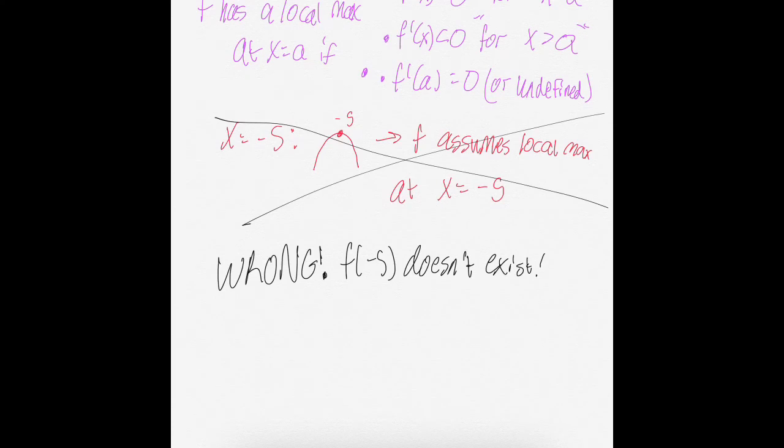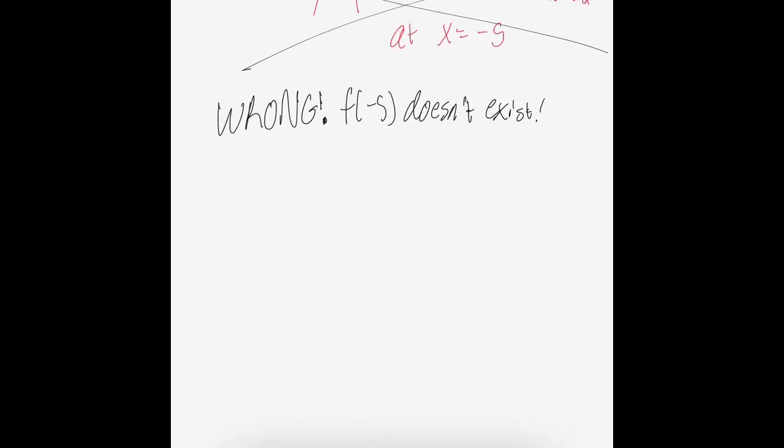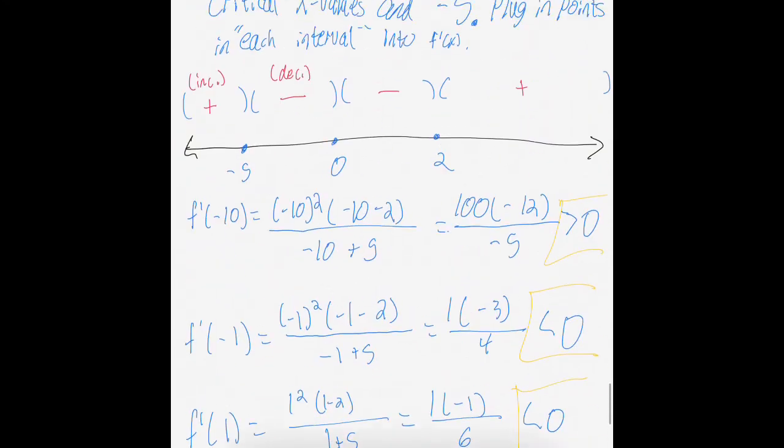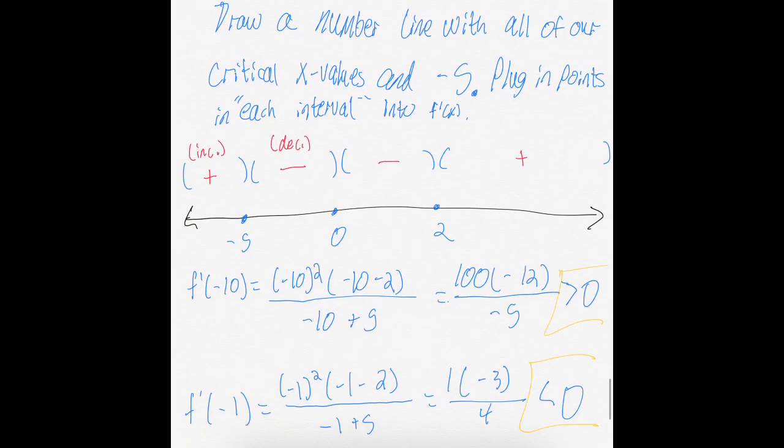So it was important that we included it in our number line, because that told us that f was increasing to the left of it. However, f of -5 does not exist, so there can't be a local max there. I hope that makes sense.